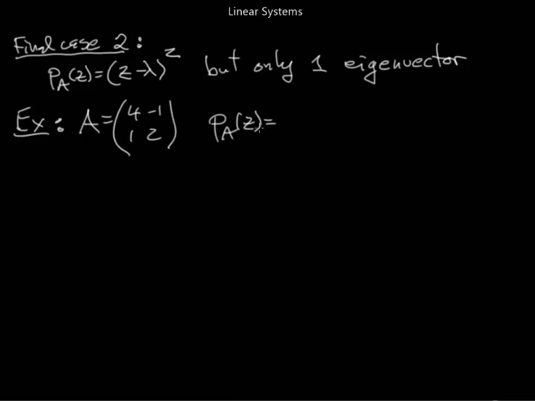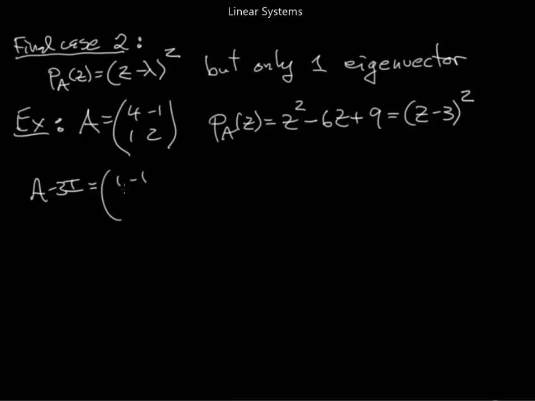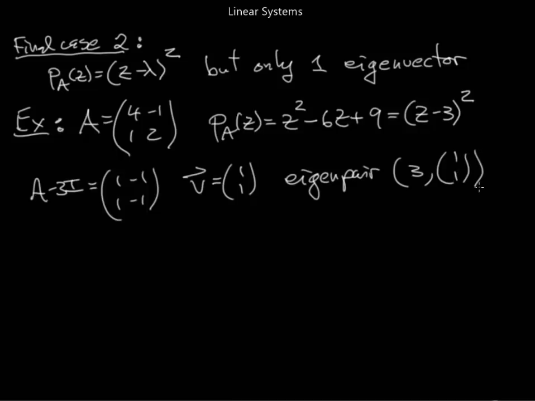Its characteristic polynomial is z squared minus 6z plus 9, which is (z minus 3) squared. So there's only one eigenvalue, 3, and when you take A minus 3I, you get this matrix, and that only has one eigenvector up to scalar, the vector 1, 1. So the eigenpair is 3, (1, 1).